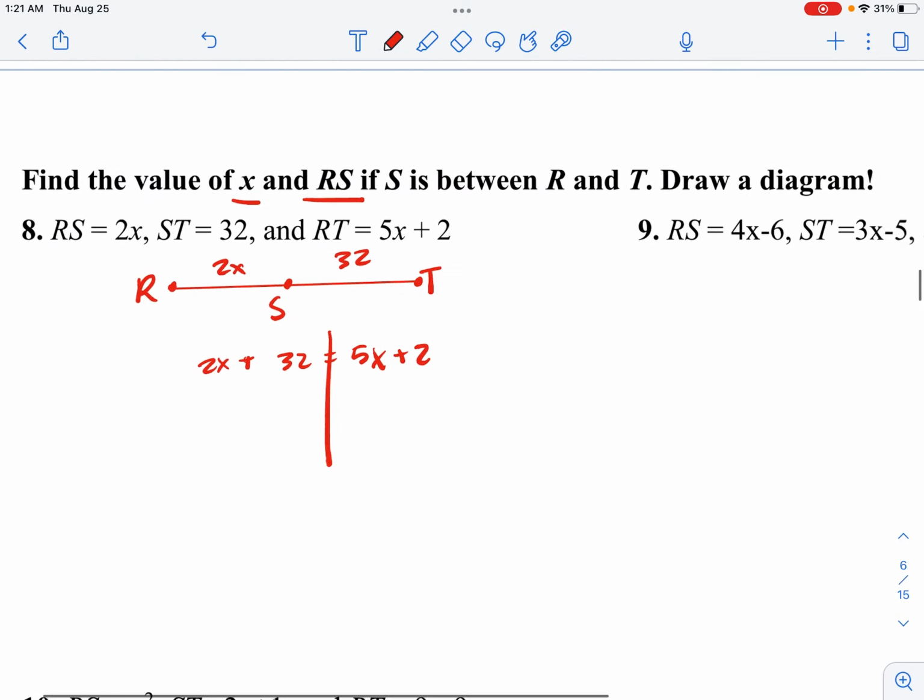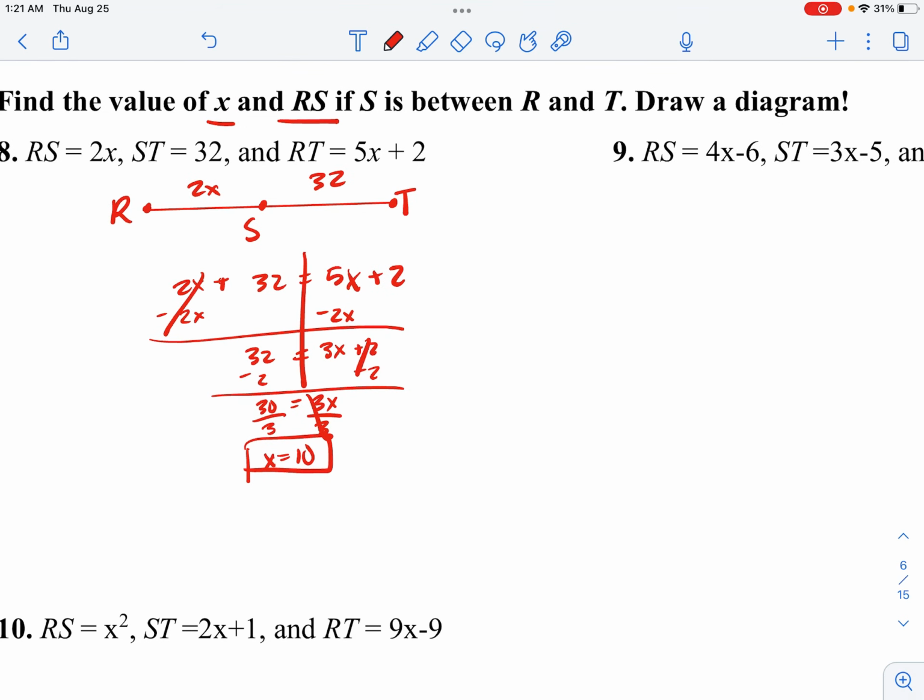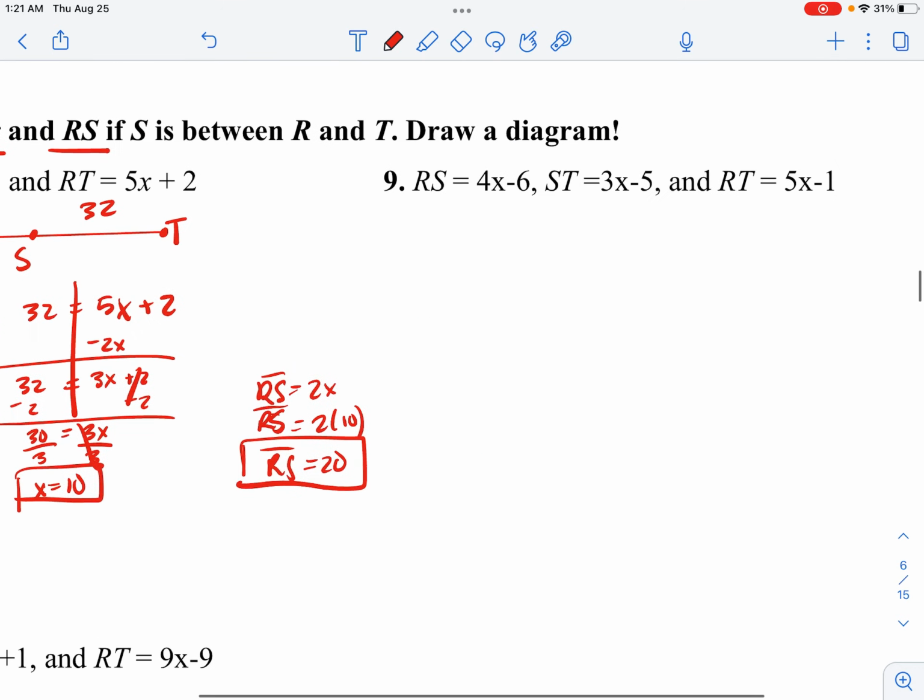Now this is only part of the way because it asks for x and RS. So if we plug this back in, we could say RS is equal to 2x. RS is equal to 2 times 10. RS is then equal to 20. Doesn't have any units, so you can just leave it at that, and we're done.